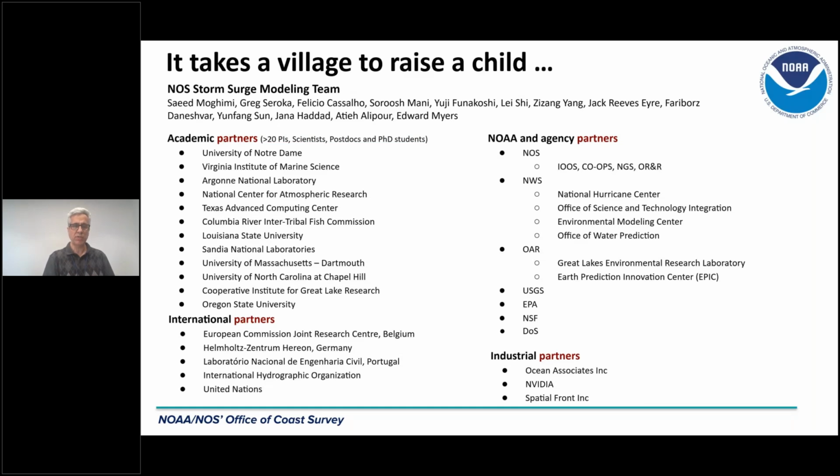And I made the partner words in red because we are really working with these partners on at least a weekly basis, and it's not really a loose collaboration. And you can see here a list of academic partners, NOAA and agency partners, international partners, and industrial partners. Next slide, please, Atiye.